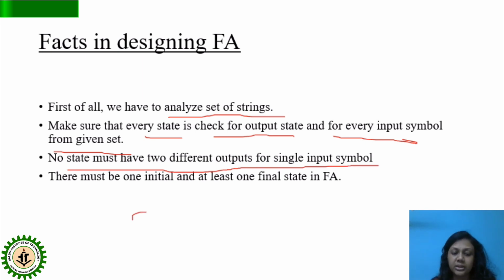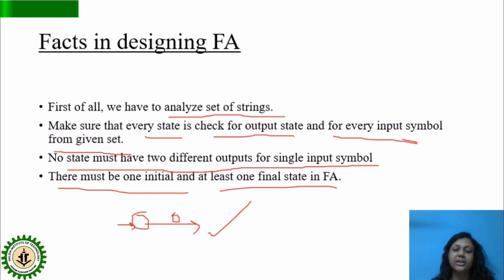That means from one state there should be only one output on a single input symbol. There cannot be another transition on the same input symbol. If this is the case, then this will not come under finite automata. There will be only one transition like this. This is a finite automata, and there must be one initial state and at least one final state in a finite automata as well.